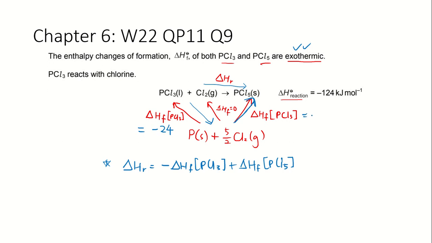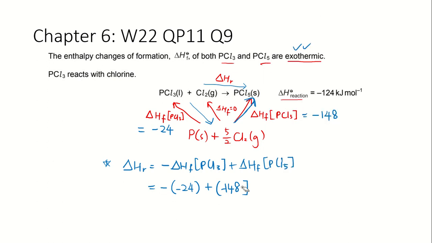Now this one, let's say I put negative 148, because at the end I'll get negative 124. You can put in any values as long as you can get negative 124 at the end by using this formula. So if I put negative 24 as the enthalpy change of formation of PCl3, it will be negative 24 plus negative 148, which is the enthalpy change of formation of PCl5. Sorry.